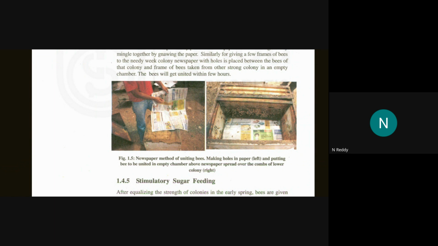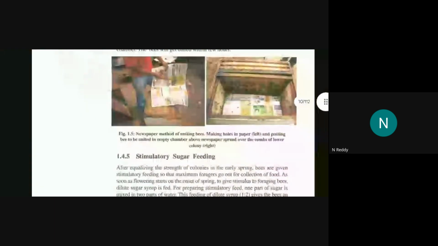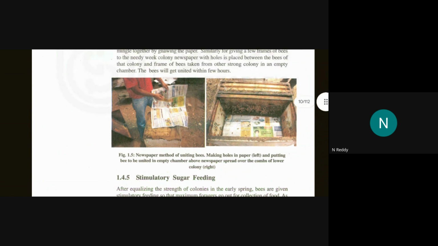The newspaper will be torn off later. It may take some 20-30 minutes or 1 hour. After that, the union will be accepted by all the members of both colonies.